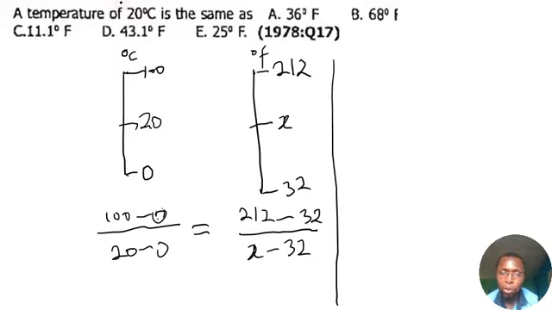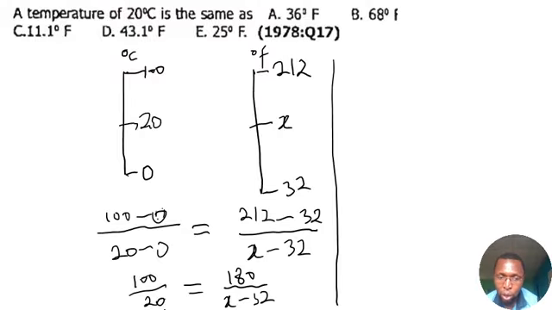So 100 minus 0 is still 100, over 20 minus 0 is still 20, equal to 212 minus 32, which gives us 180, over x minus 32, which stays the same because there is no value there yet.